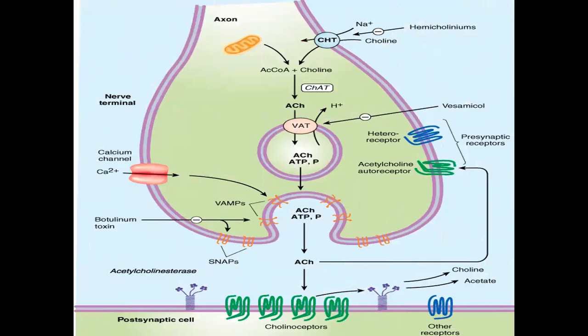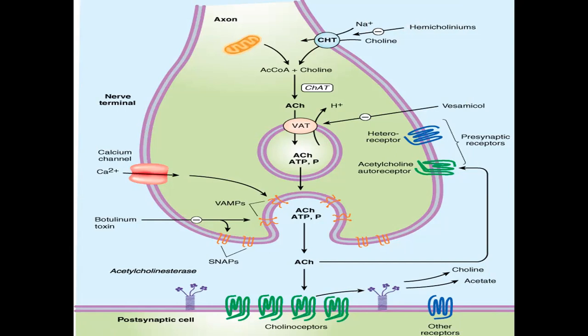If you look at this picture, this is a presynaptic axon and this is a presynaptic neuron. In this diagram, choline in the presence of acetyl coenzyme A forms acetylcholine, in the presence of choline acetyltransferase.